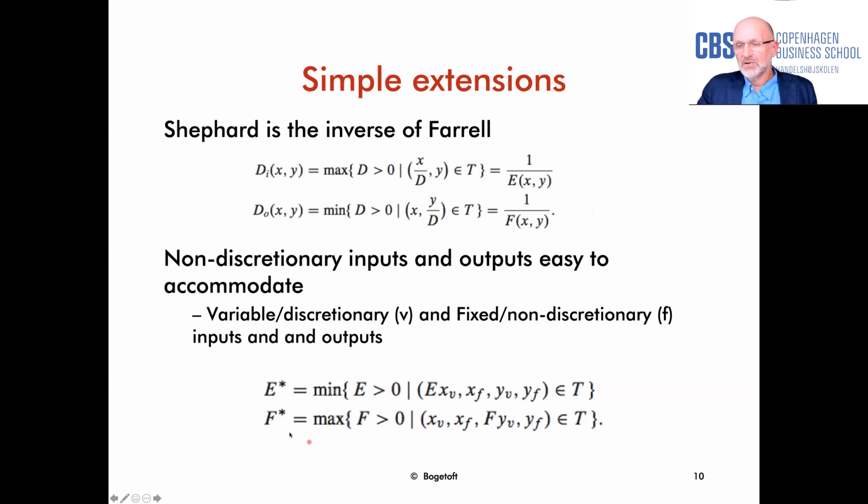Okay, and you can do the same on the output side. So you only try to expand some of the outputs. If some of the other outputs, it doesn't make sense to change those.